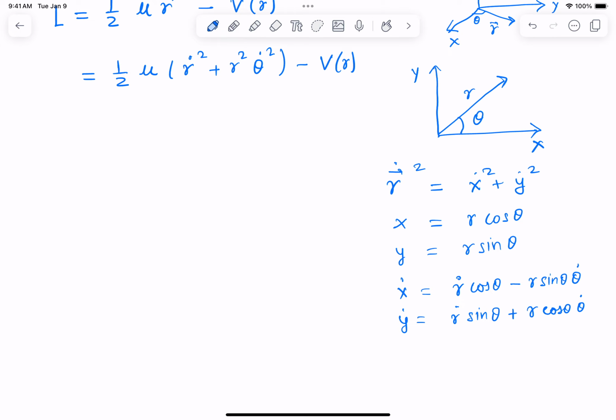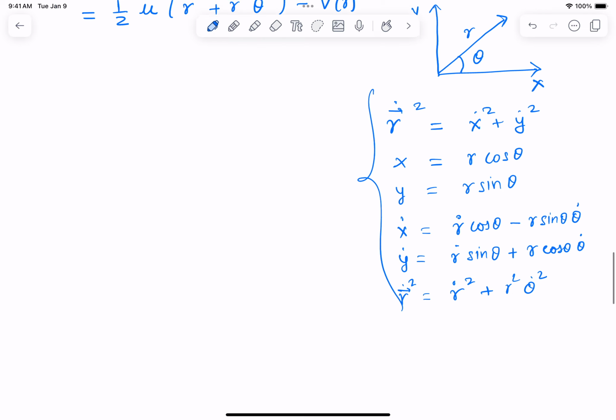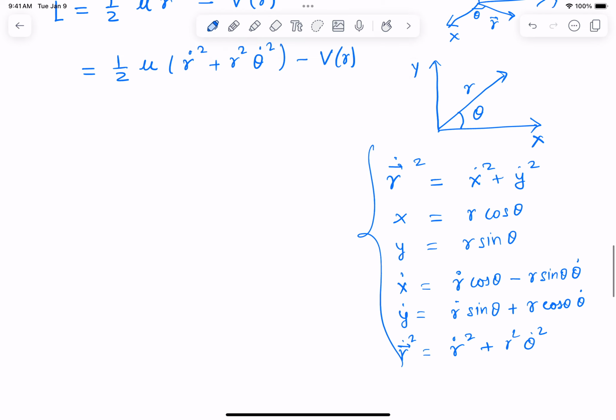And when you square and add, you will see that you get r dot squared vector is equal to r dot squared plus r squared theta dot squared. Okay, you can see that. I'm going to leave that to you as an exercise.